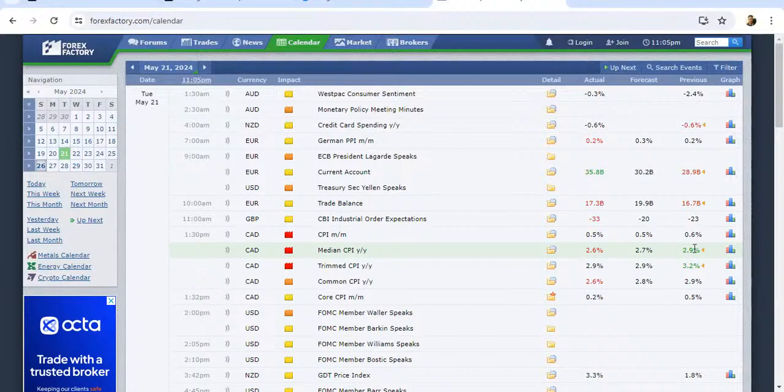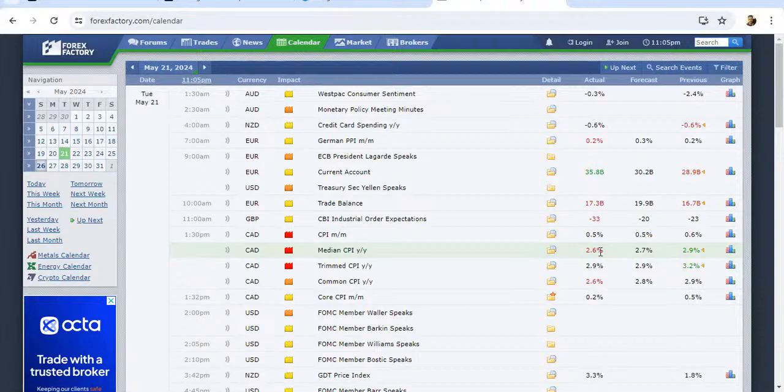Yes, it's lesser. All right, so for example USD/CAD, right? Now remember this one is lesser, the actual is lesser, right?